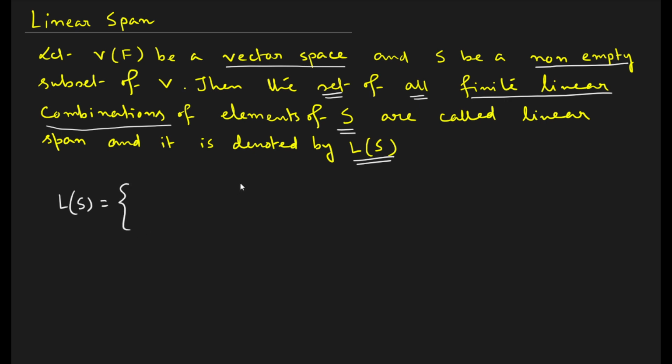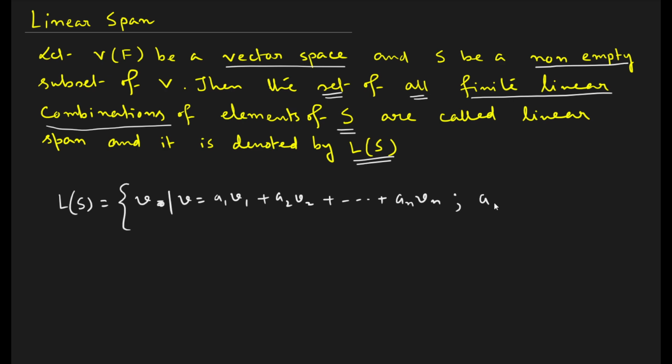इसमें क्या रहेगा? L of S में क्या रहेगा? The elements of L of S are nothing but finite linear combinations. Okay? Suppose मान लीजिए in L of S we have an element v. So that means this particular element v must be a linear combination of elements of S. इसका जो form होगा it will be like this: a1 v1 plus a2 v2 plus an vn.